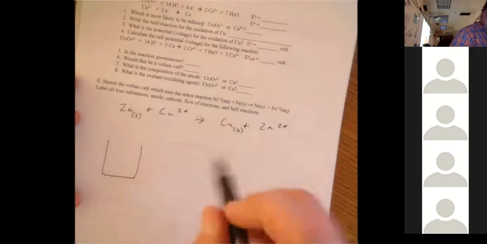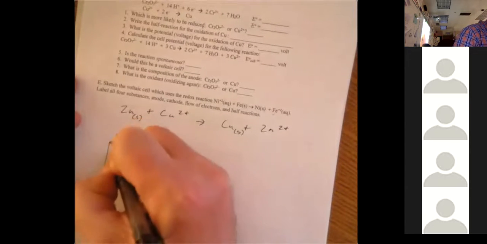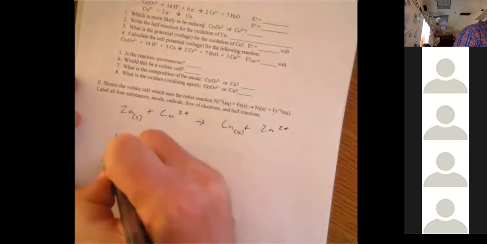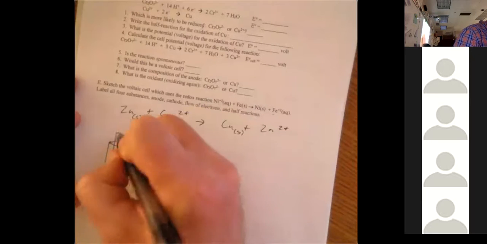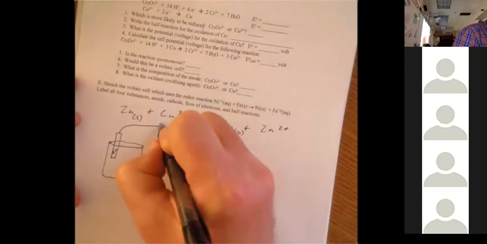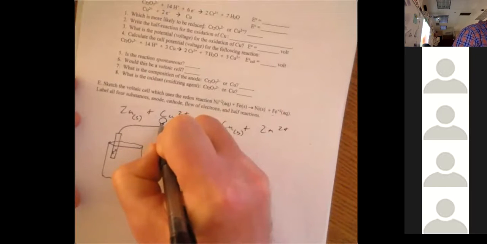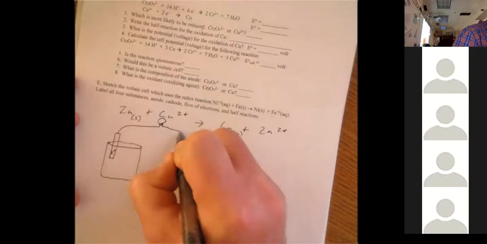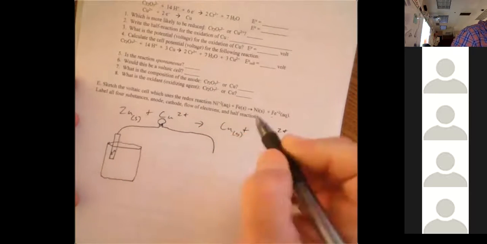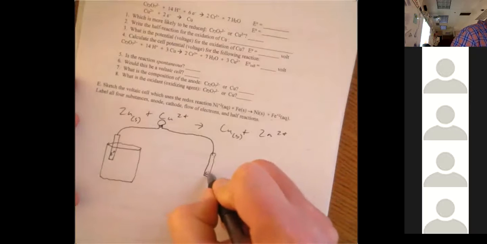If we were to draw this, I'm not going to use the nickel and iron, I'm just going to use the zinc one. And here we have our zinc solid, and there would be something like a light bulb there, attached to our copper solid.